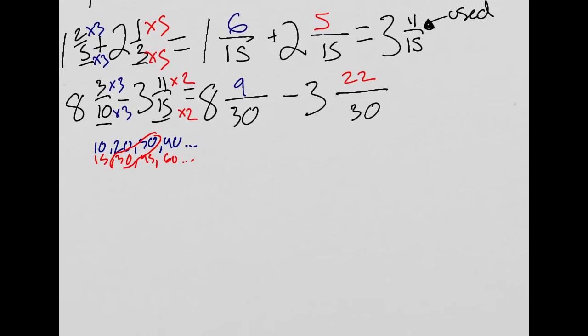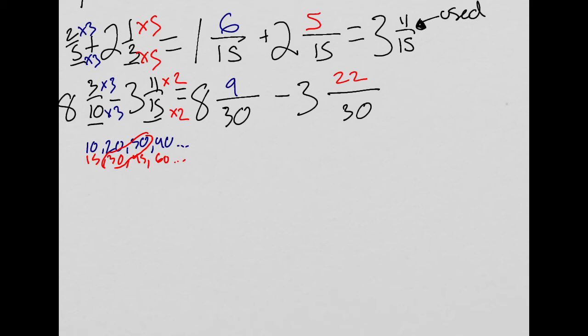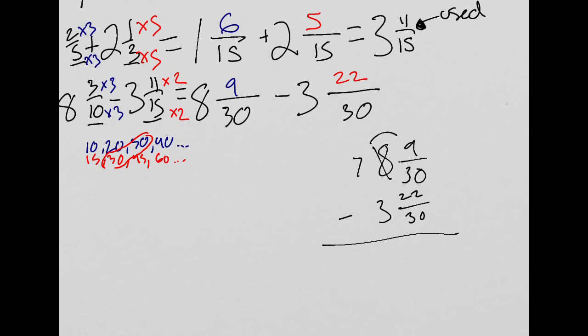I'm going to move it a little bit. I need more space. I can't do 9 minus 22, but I'm going to rewrite this vertically. 8 and 9 thirtieths minus 3 and 22 thirtieths. Okay, I can't do 9 minus 22, so I'm going to borrow from this 8, and it turns into a 7, and then I'm going to add 30 to my 9. So my 9 becomes a 39. 39 minus 22 I can do.